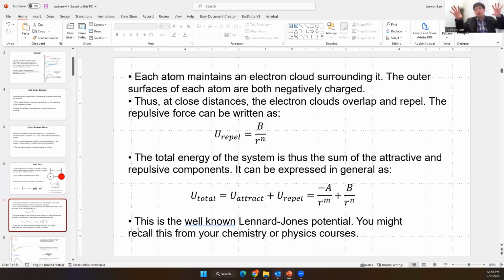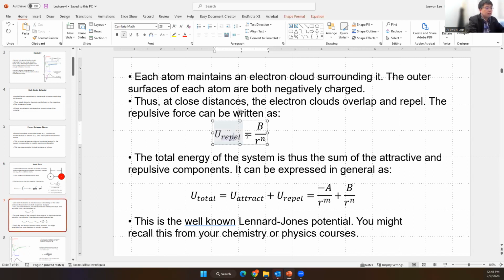However, if there is overlapping between the electron areas, they try to push away because they want to have their own areas. If there is overlapping, they don't want to share their space, so they try to push away. It can make a repulsion force, like this one.